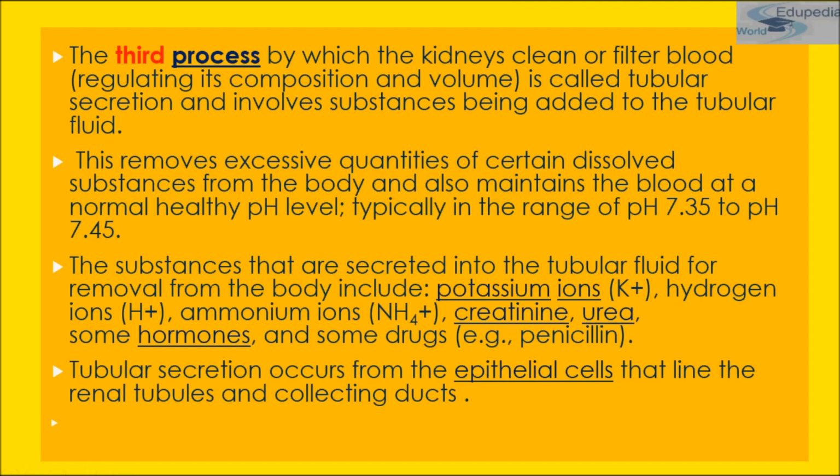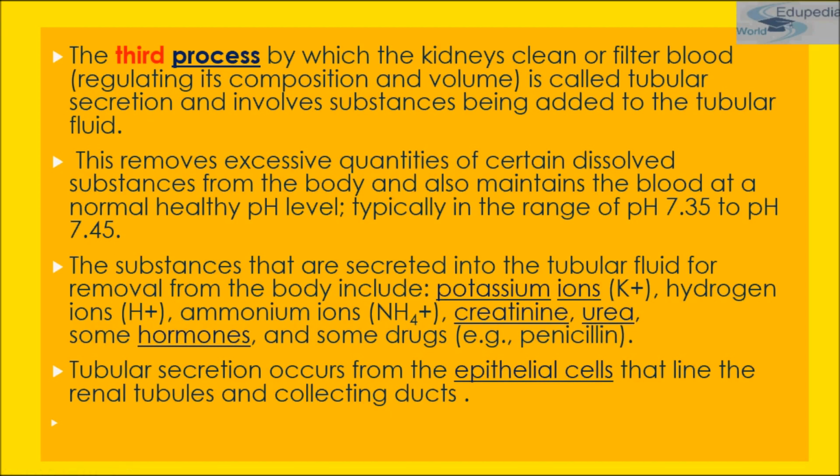In this third process of urine formation, it removes excessive quantities of certain dissolved substances from the body, and it also maintains the blood at a normal healthy pH level. What is the range of that pH? It is around 7.35 to 7.45.